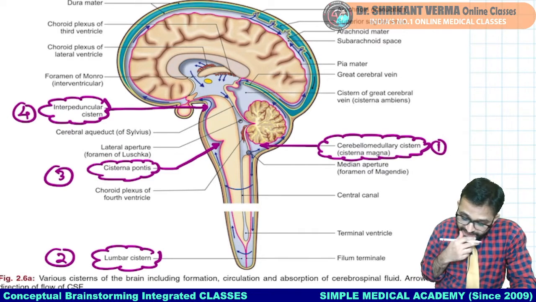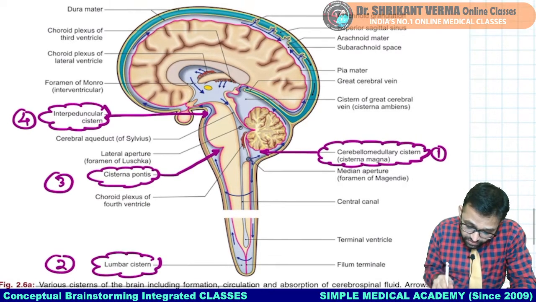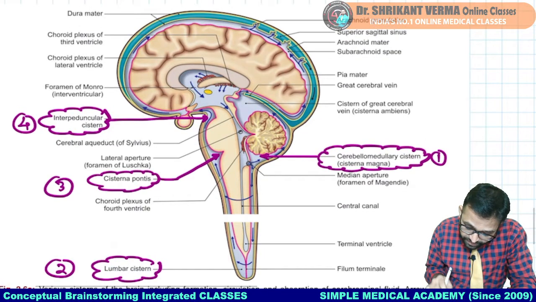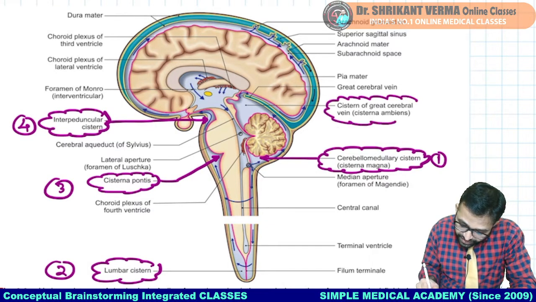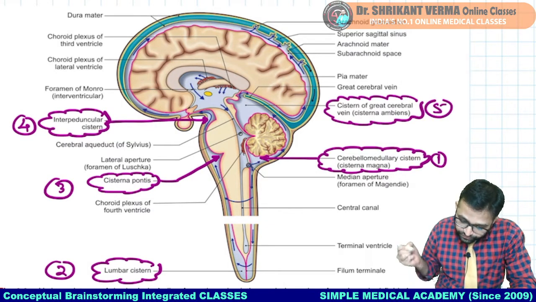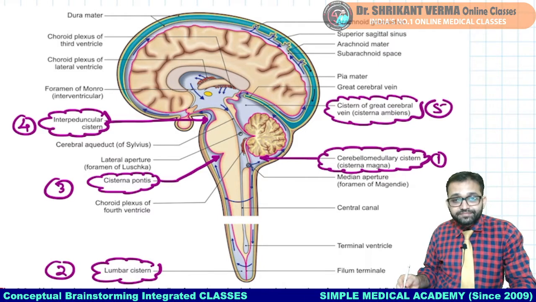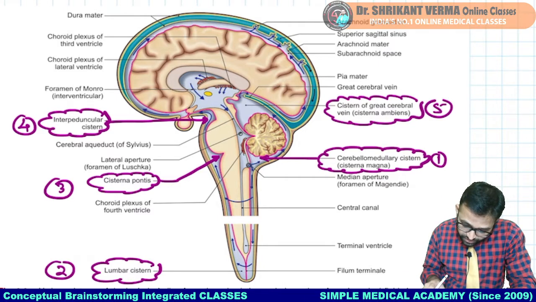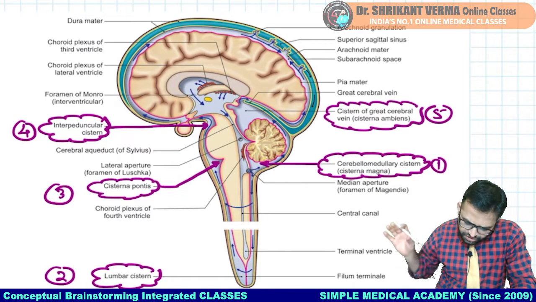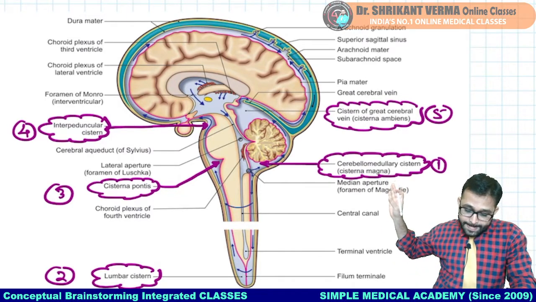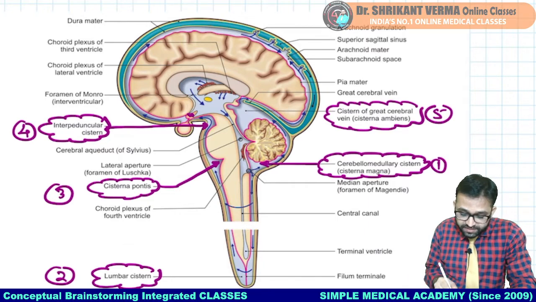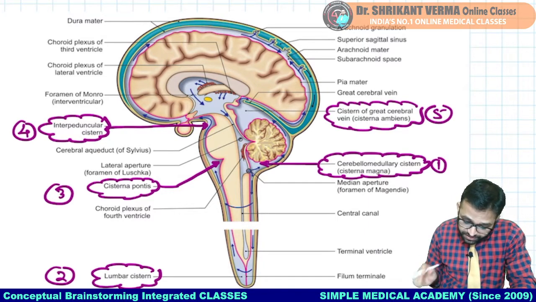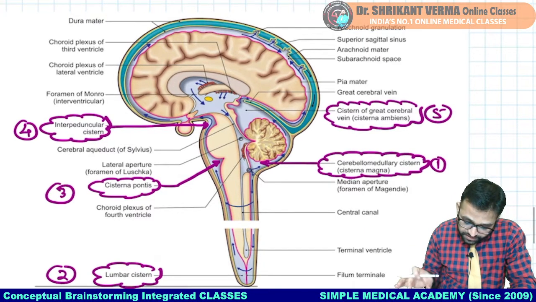Fine. And here you can see the cistern of the great cerebral vein. Okay, so this is our fifth. Fine. And you can observe the other cistern, cisterna chiasmaticus, prechiasmaticus. This will be found near the optic chiasma, not shown in this image. So these are the different points.